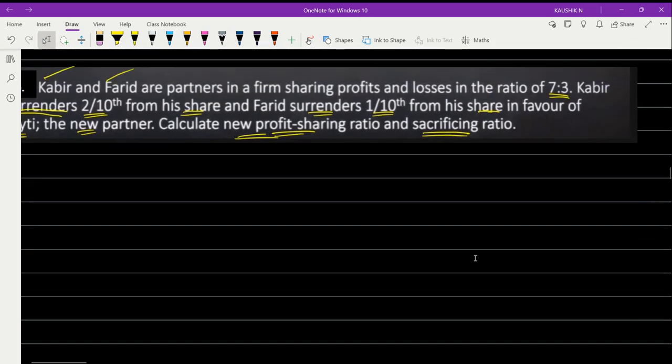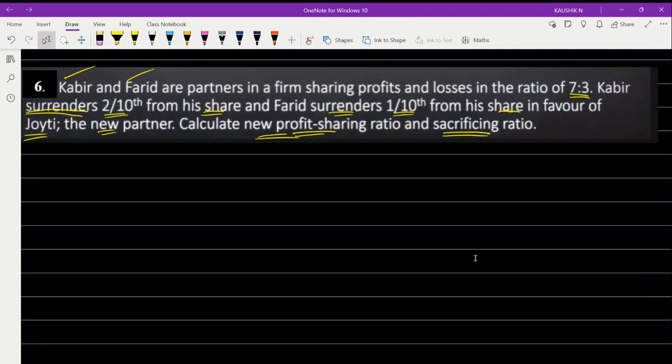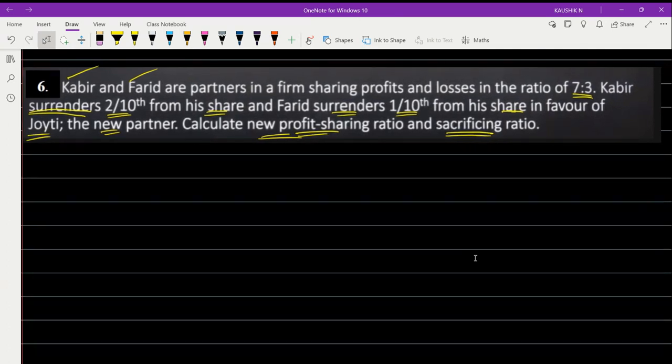Now you have to be very careful here, because this problem makes us confuse in one way or the other. The word surrender is given here, but what is given is surrender 2/10. By looking at the word surrender, many students will apply the concept of surrender, initially do the multiplication, then go for the subtraction. The entire problem will go wrong.